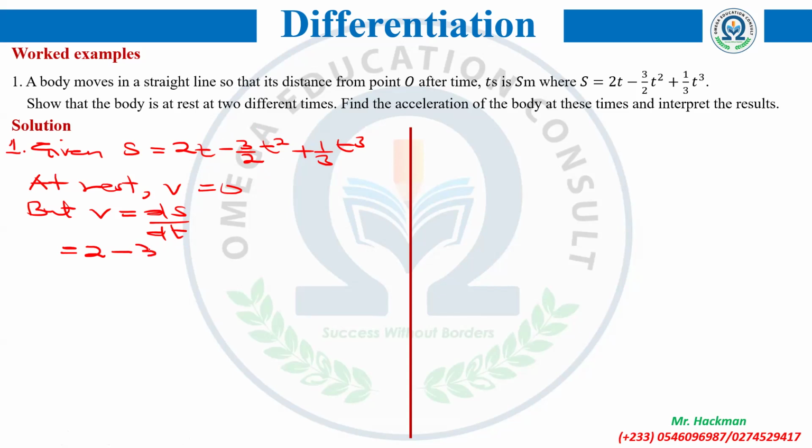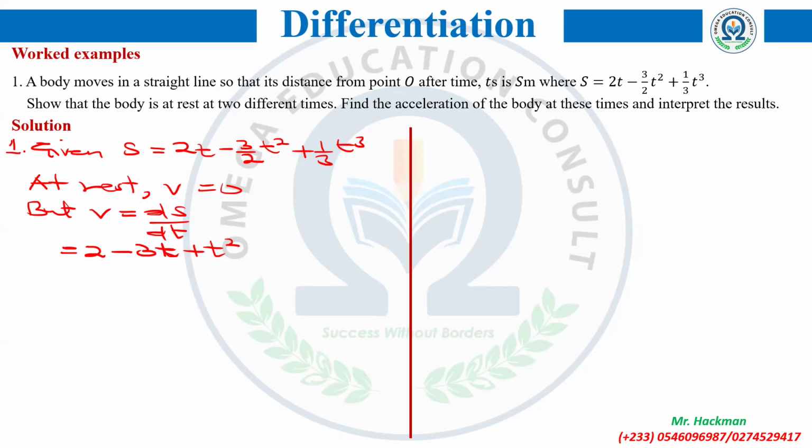Am I right? Yes, please. Then the last term will be plus what? 2 on 3 t squared. The 3 will come down, so the 3s will cancel, so you get t squared. So ds/dt is 2 minus 3t plus t squared. Is it clear now? If you get this function wrong, you know you are doomed.